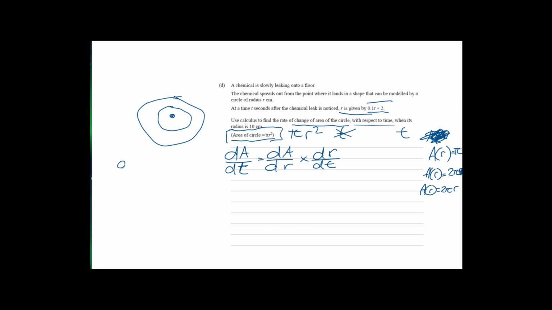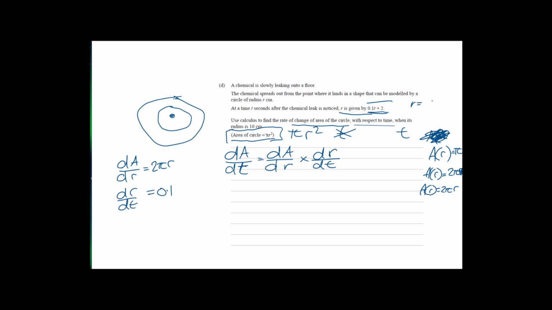So change in area with respect to radius is 2 pi r. The change of radius with respect to time is going to be this differentiated, which is going to be 0.1.